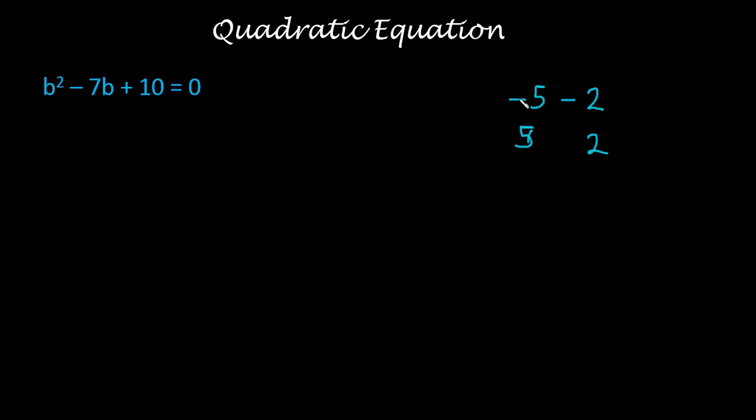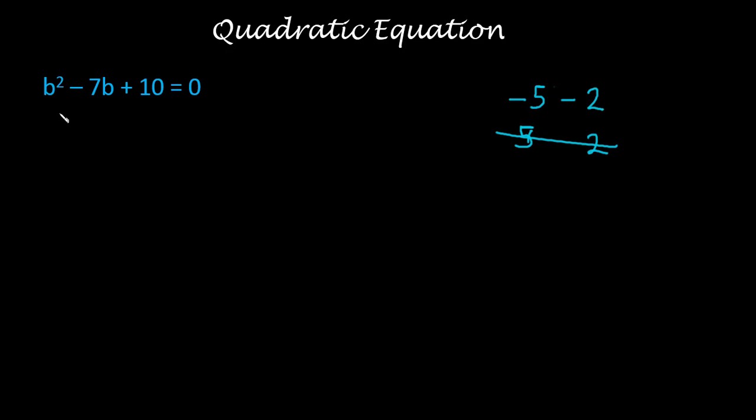And if we have minus 5 minus 2, that gives us minus 7. And when we multiply these together, minus 5 times minus 2 gives us plus 10. So this is out of it, and we are going to use this.